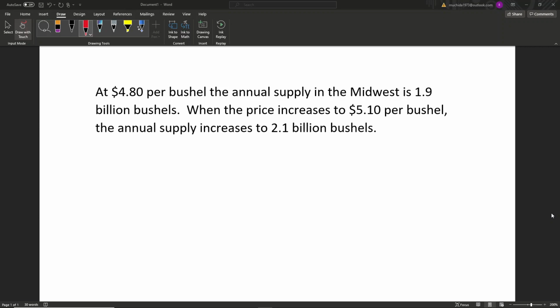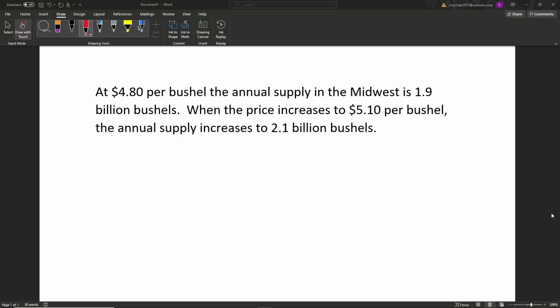It says that at $4.80 per bushel, the annual supply in the Midwest is 1.9 billion bushels. When the price increases to $5.10 per bushel, the annual supply increases to 2.1 billion bushels. So we've got to find the supply equation.